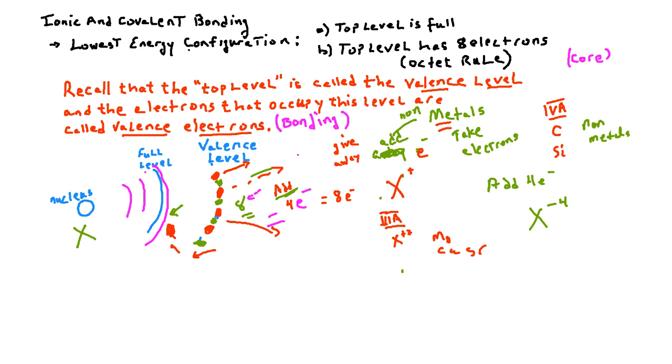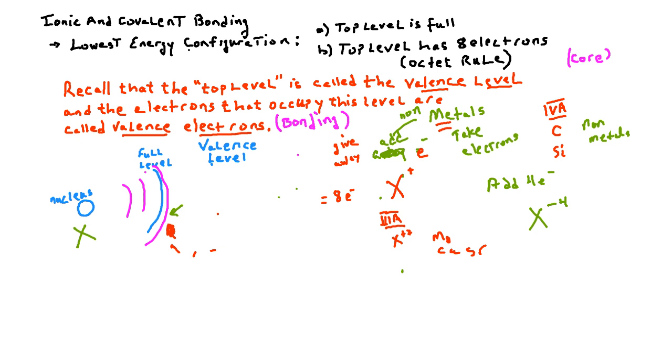Okay, and we're going to play the same game. I'll just clean this up a little. So nonmetals are going to want to add electrons. So now we're back to the valence level.